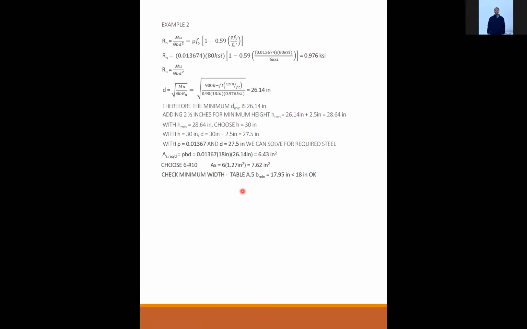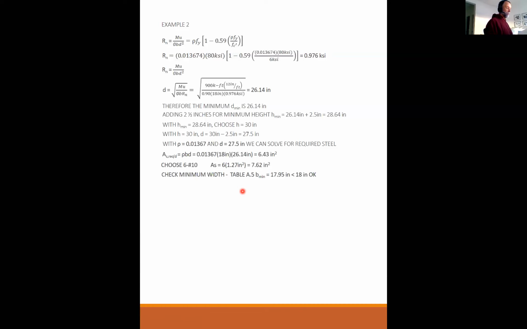So I kind of just, in my mind, went through the different combinations that might have gotten me there. If I started with, say, number 8 bars, 6.43 divided by 0.79 is 8.14, so I need 9 number 8s.